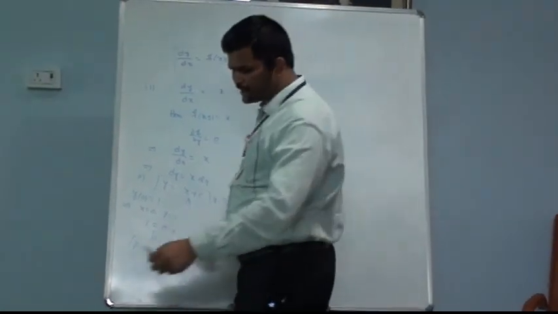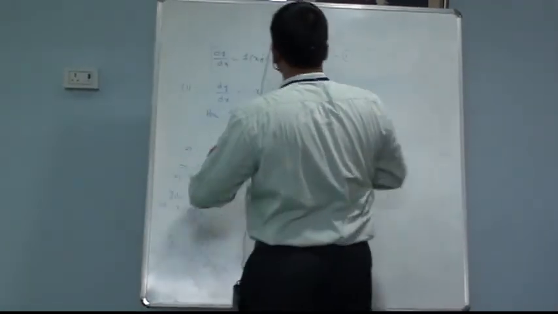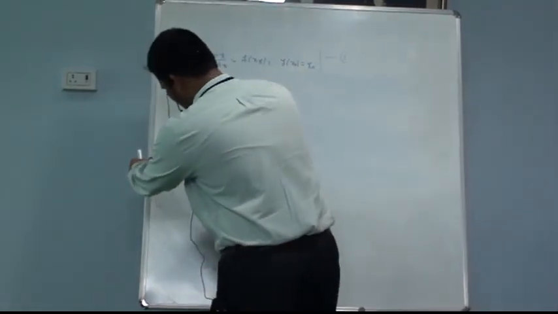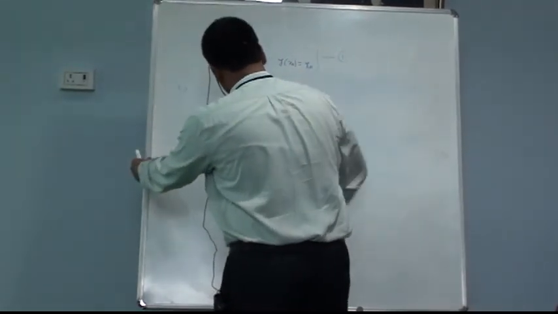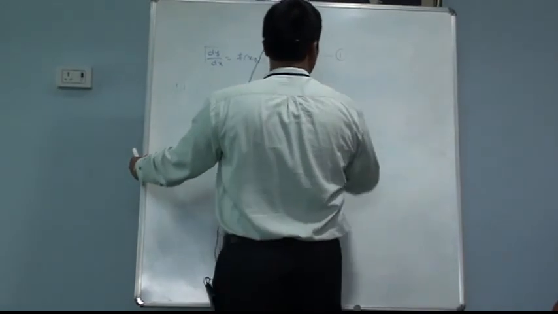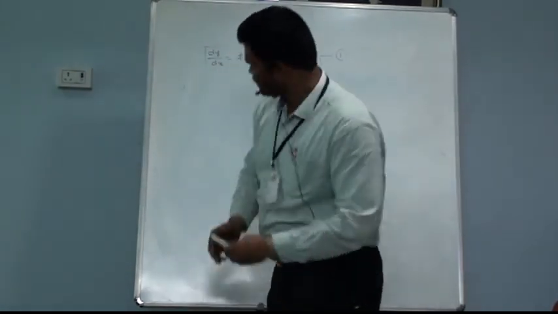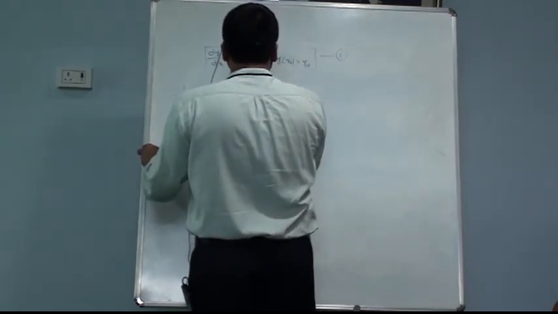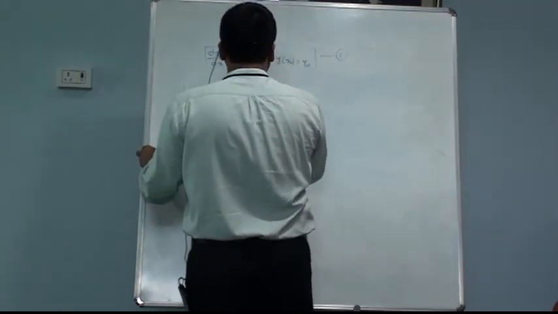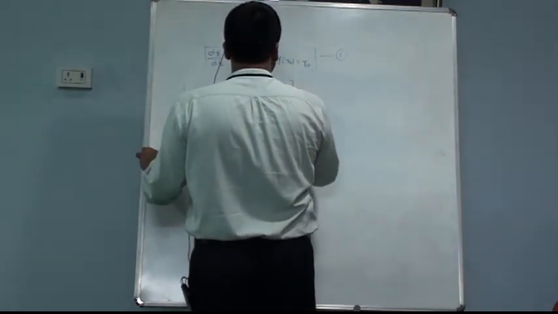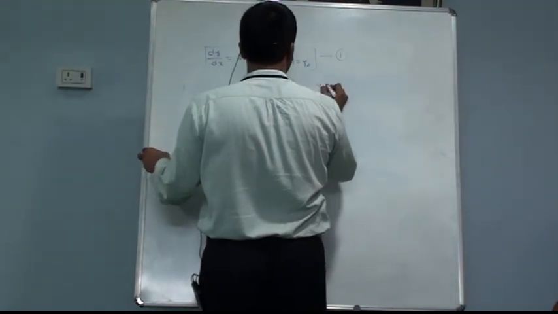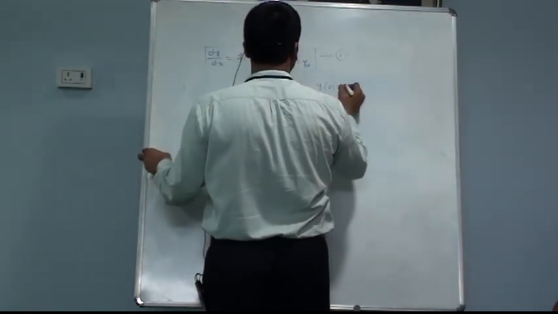Okay, now I will take another beautiful example so that we can understand this theorem. dy by dx is equal to y by x, where y of 0 is equal to 1.